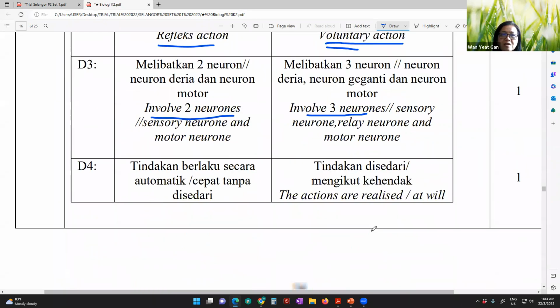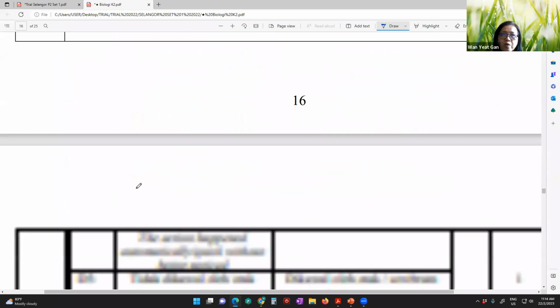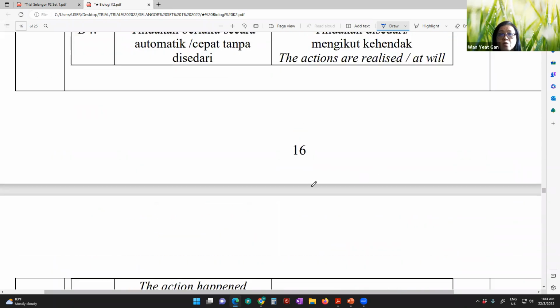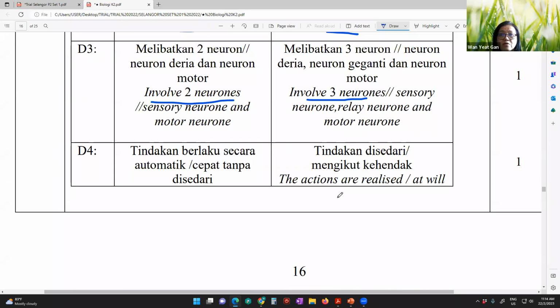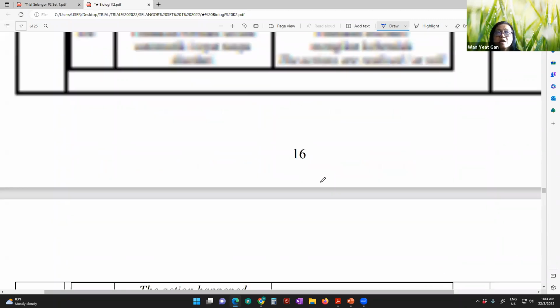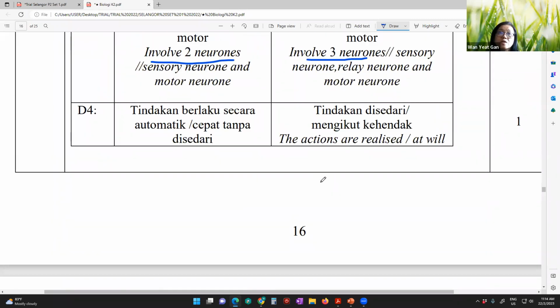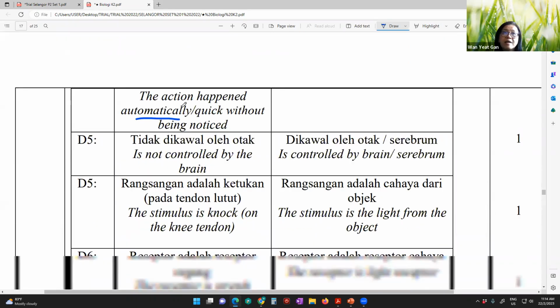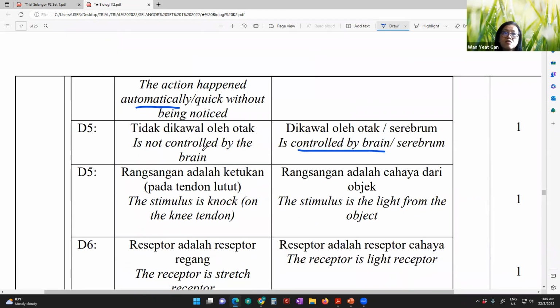Now, reflex actions are usually very, very quick, very automatic. It happens immediately. Whereas the action that you are doing by kicking the ball voluntarily is something at will. That means you know about it, it is what you want to do, okay? So it's controlled by the brain, but reflex action is not controlled by the brain, right?